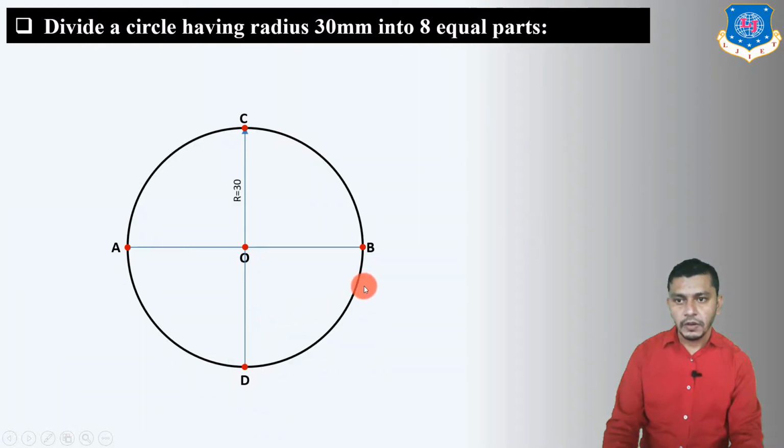Okay, now by taking center at B and radius equal to B to O. Now what will be the arc length up to B to O? It will be equal to the radius of the circle.